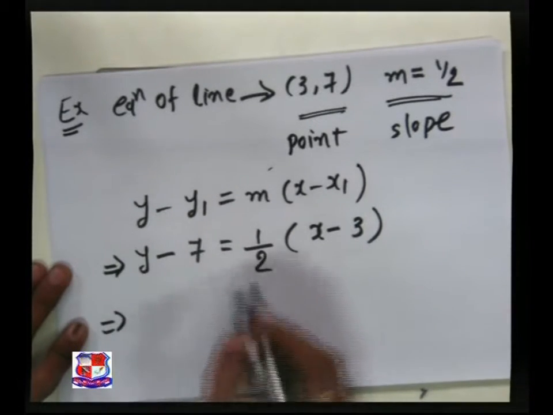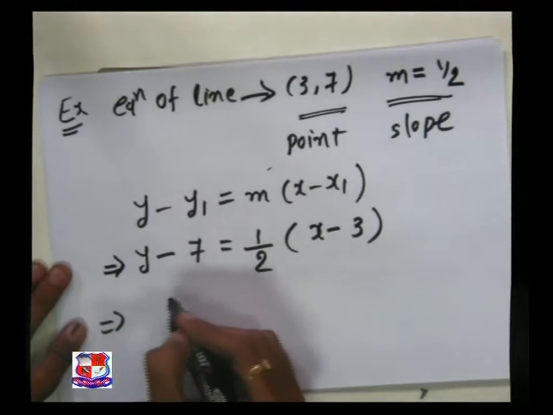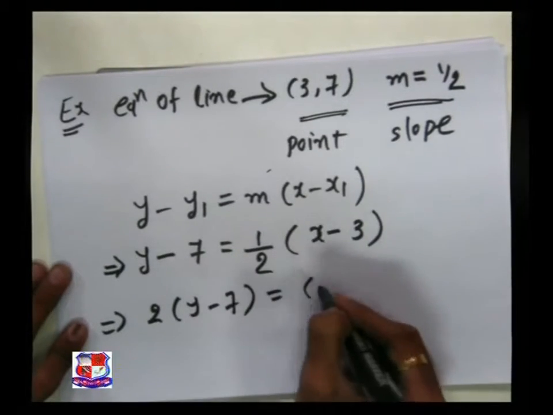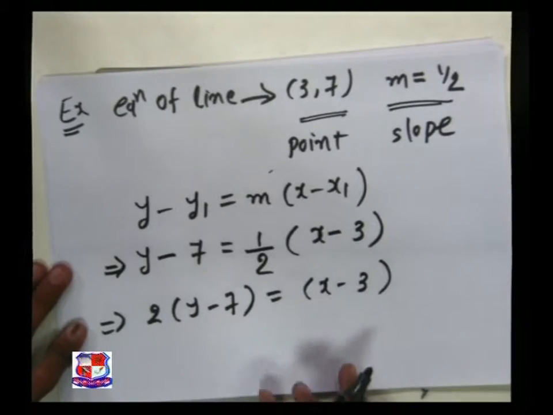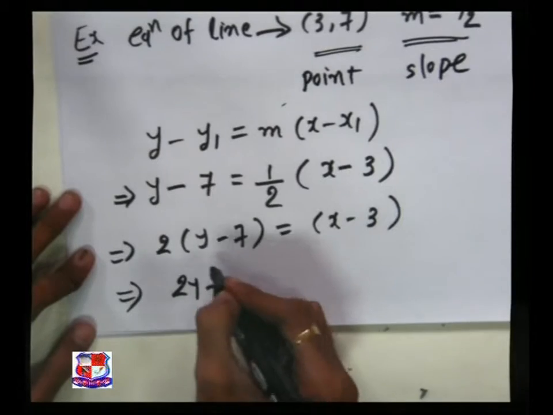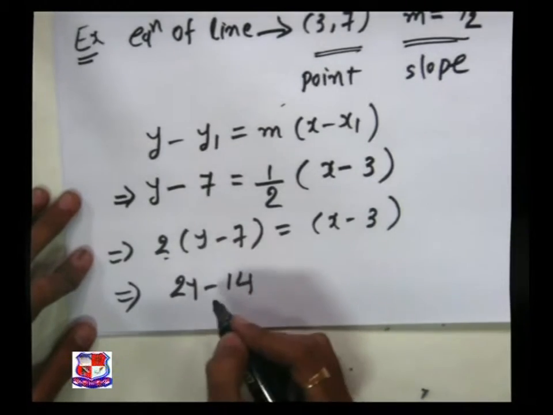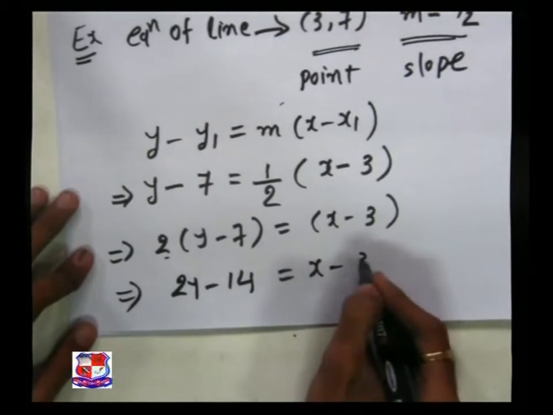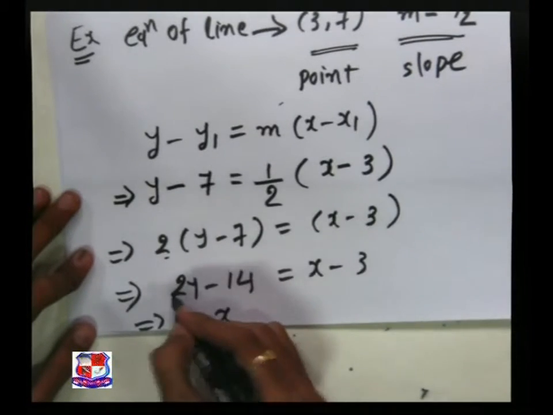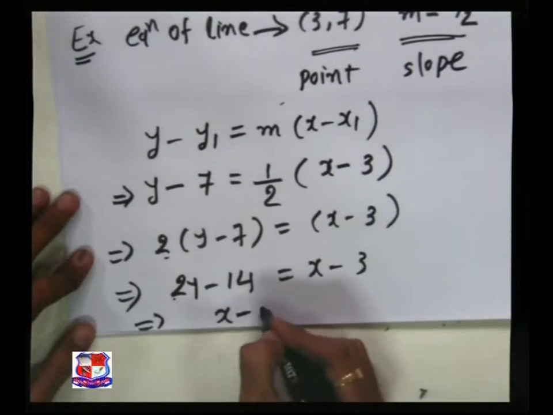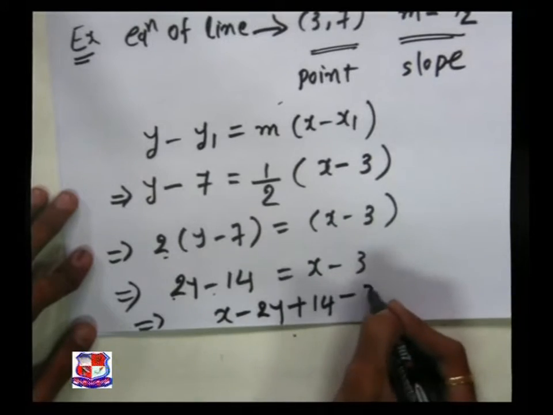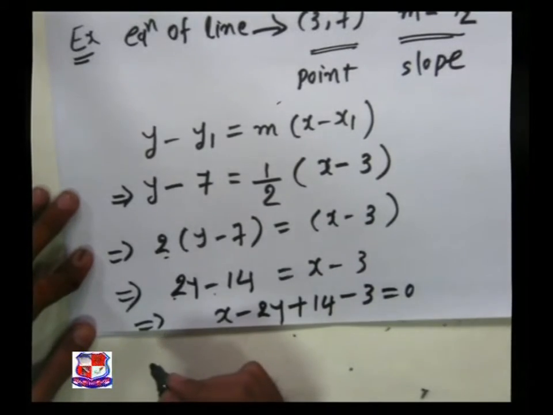So here this 2 comes in left hand side, so this is 2 into y minus 7 is equal to x minus 3, that is equal to 2y minus 14. 2y minus 14 is equal to x minus 3. So the equation is x, and 2y comes to this side, so that will be minus 2y plus 14 minus 3 is equal to 0.